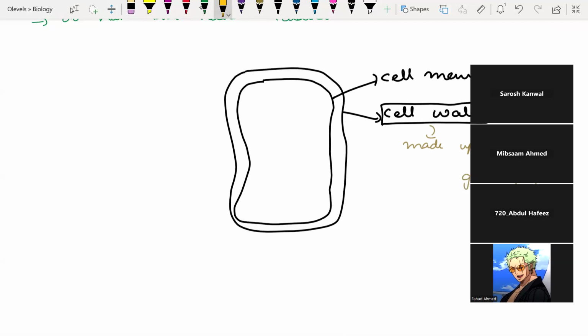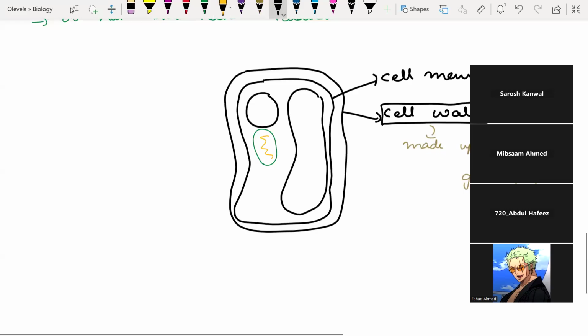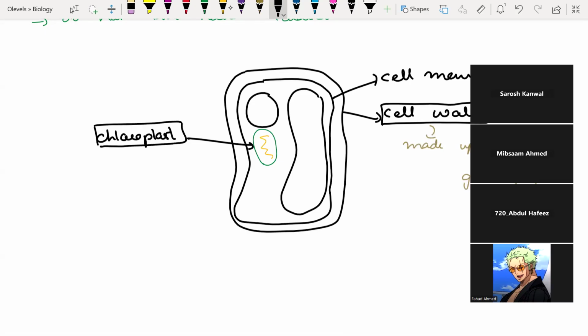Apart from that, plants also have a chloroplast. First, the plant has a big vacuole, it has a nucleus as well, and apart from that, it has a chloroplast as well. There are many chloroplasts, but I'm just drawing one. So here's the chloroplast. That is only present in plant cells, but not in animal cells.